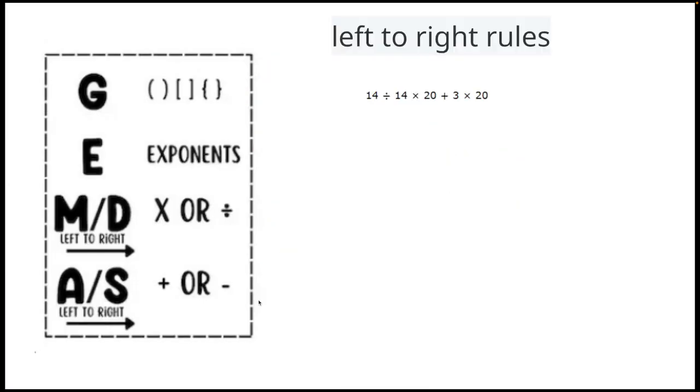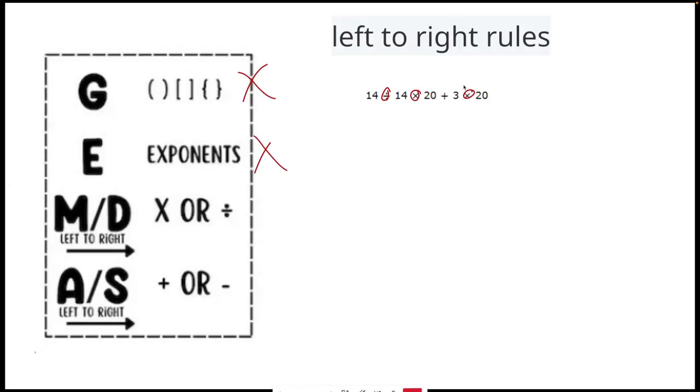All right, there is one more piece to order of operations that we need to remember. So let's look at this problem here. Are there any grouping symbols? No grouping symbols. Are there any exponents? No exponents. Is there multiplication and division? Yes, there is. Okay? And I see division, multiplication, multiplication. How do you know which one to do first?